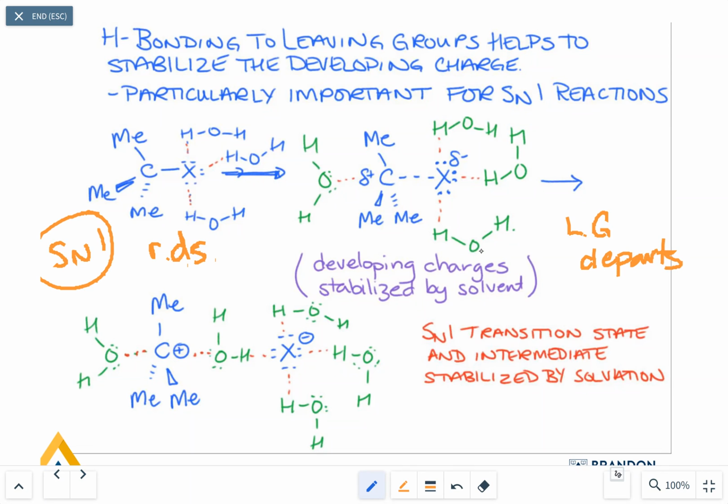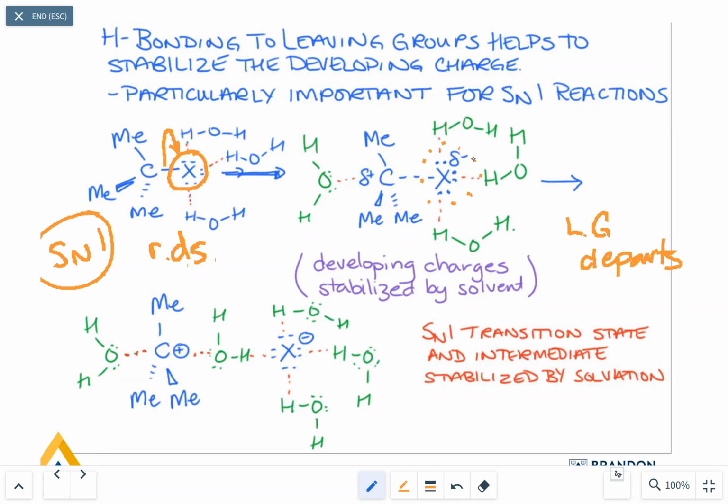The other interesting part is that the leaving group is an anion, right? The best leaving groups are anions that can stabilize a negative charge. And so protic molecules, like water, can interact with the X. And when this leaving group decides to take off, they are stabilizing it as they start to break this bond.